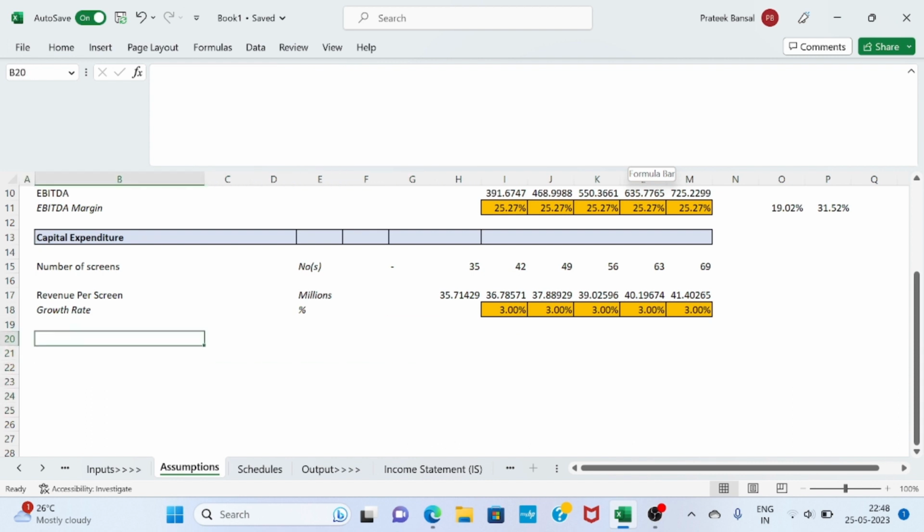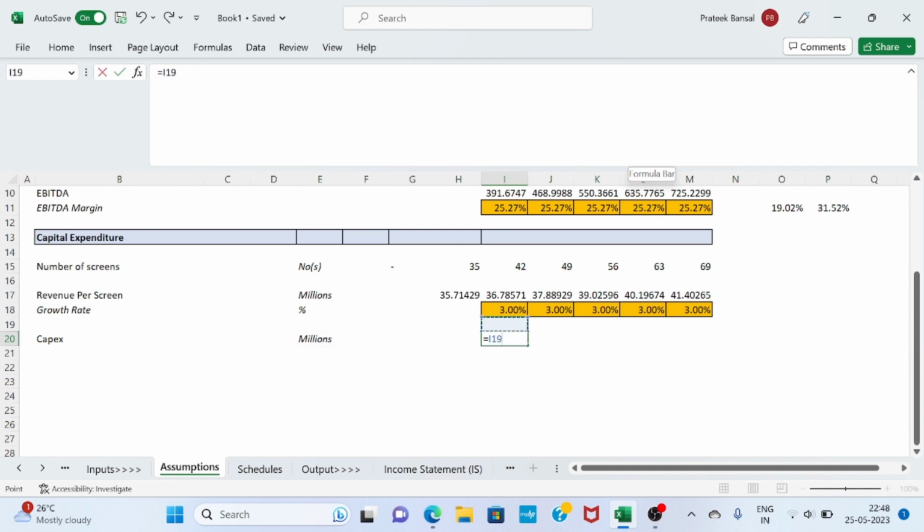Now in order to calculate our PP&D amount, this is going to be our gross PP&D. PP&D means our fixed assets, and we know that for a company operating in the entertainment industry, the PP&D will be cinemas only, right? So we know gross PP&D, or I will say the capex first, capital expenditure for the company.